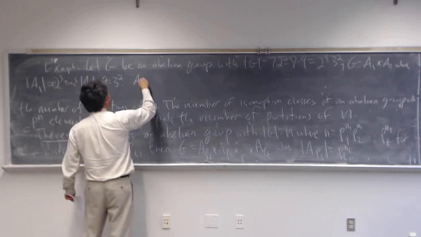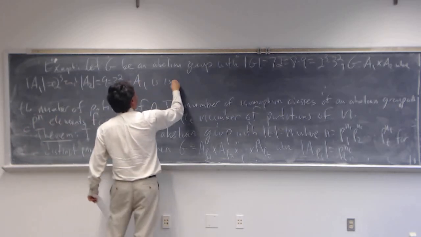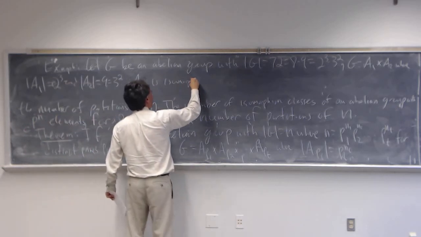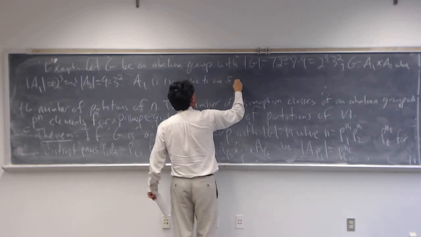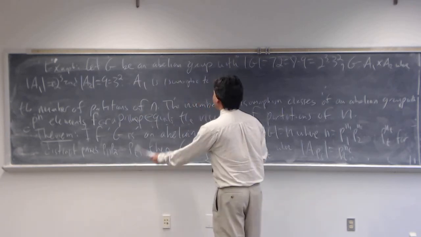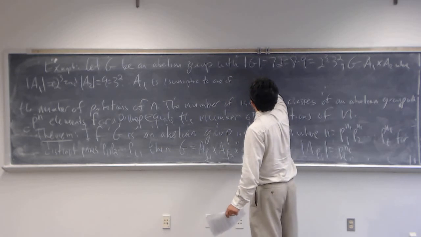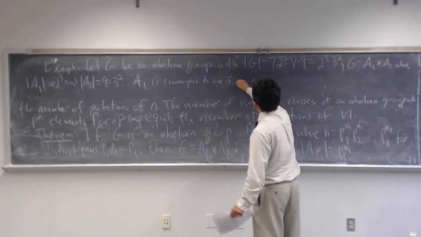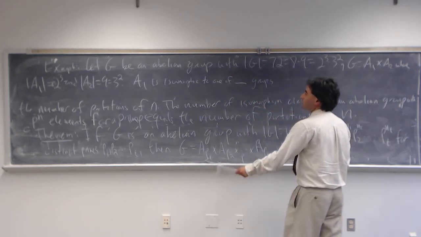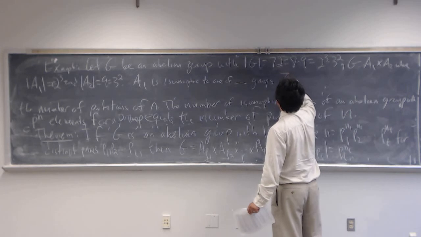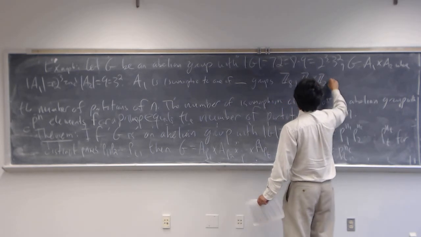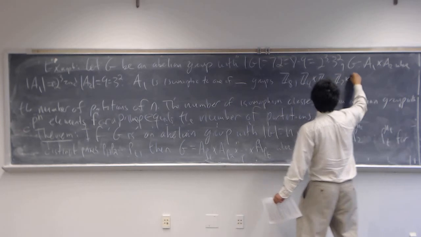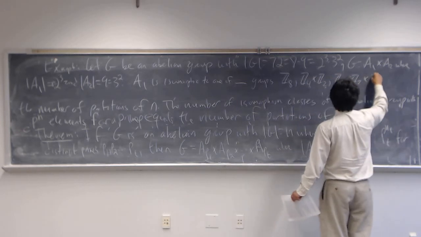So A1 is isomorphic to one of how many different groups? Let's count. If you have 8 elements, you could be cyclic, Z4 cross Z2, Z2 cross Z2 cross Z2.